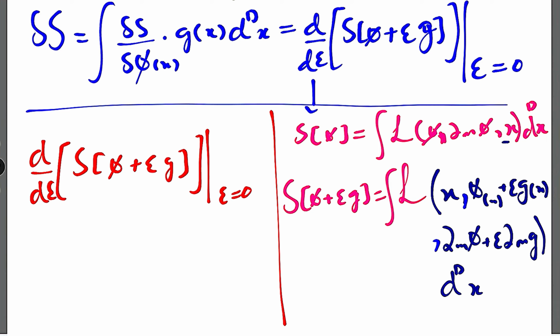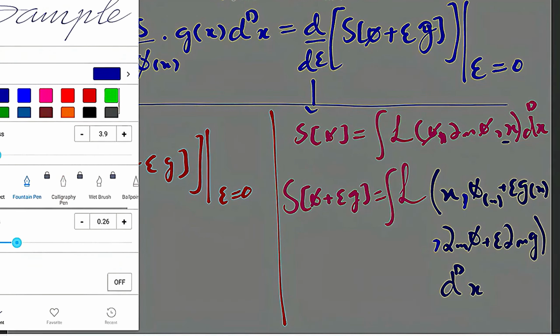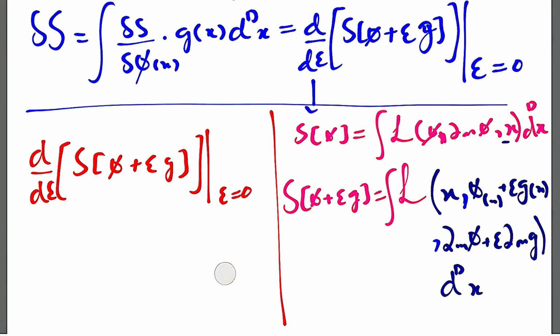Okay, I hope the point is clear to you people. Alright, so the next step is to find the d by de of this thing, and at the end we can put e equals 0. So let's see how we can do that.